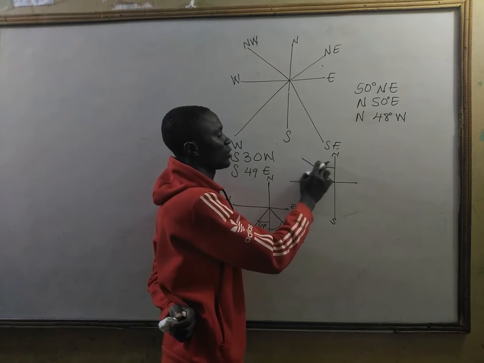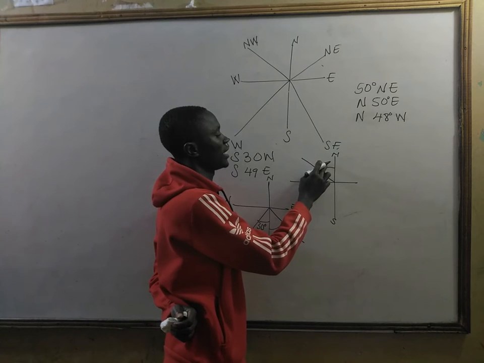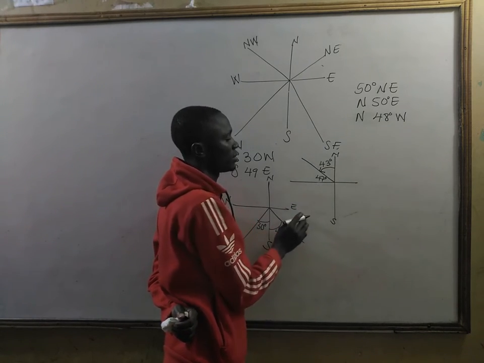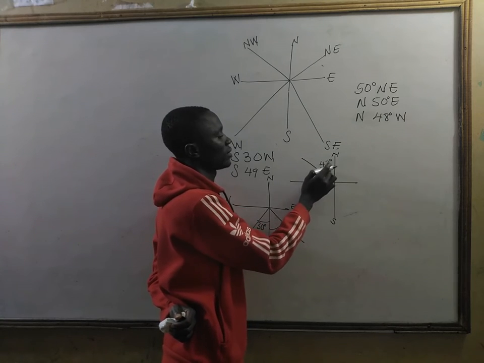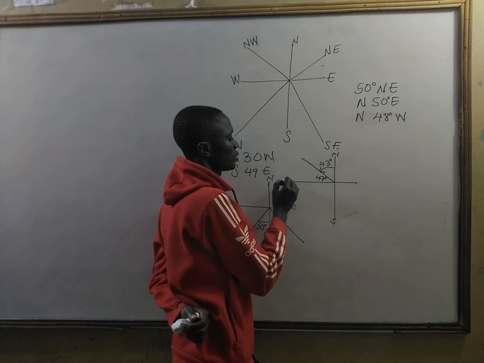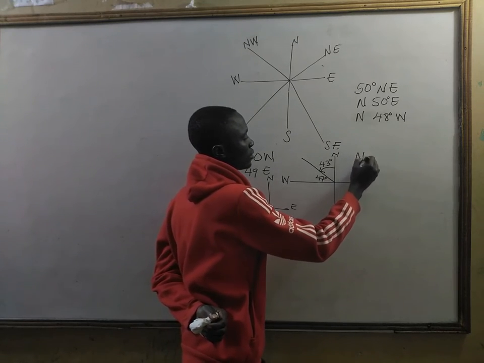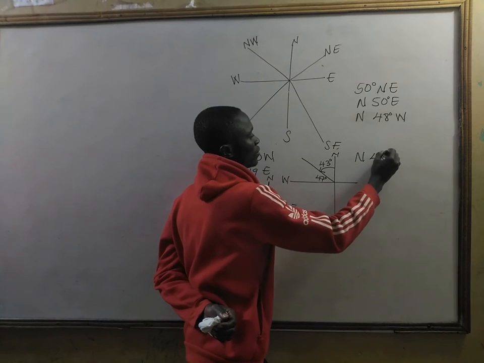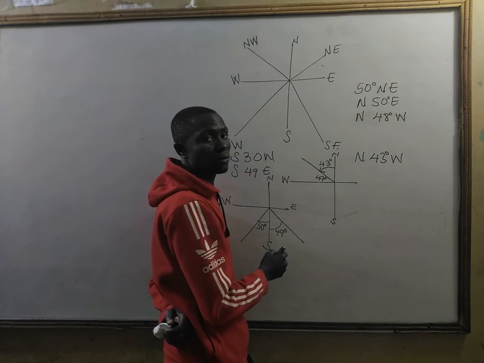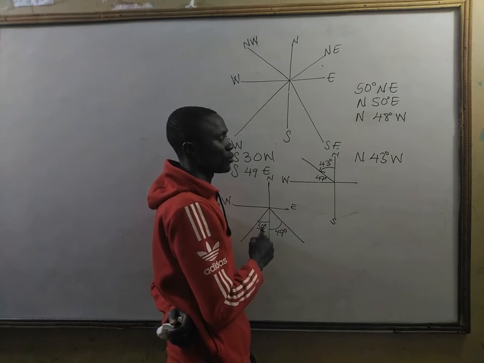So what is the angle left here? If here is 47, you take 47 from 90 to get 43 degrees. So this is 43 degrees northwest.